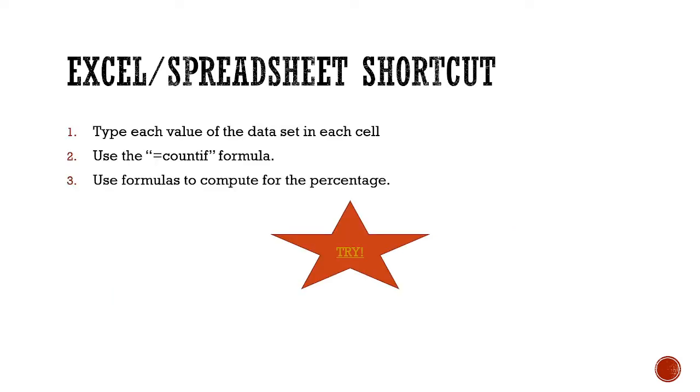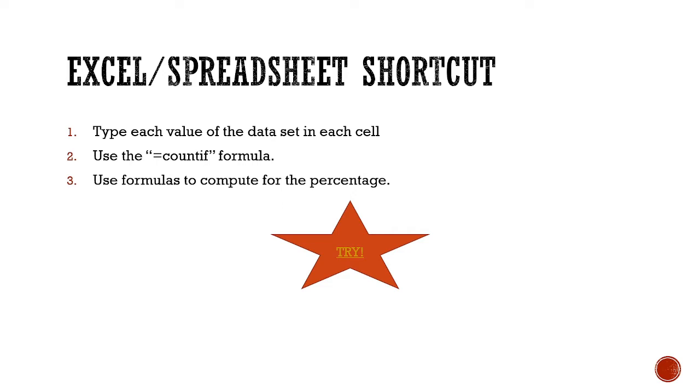So, shortcuts. You can actually use Excel or spreadsheet when doing this. So in that, you can actually type each value of the dataset in Excel. So, yun lang. Medyo matagal nga lang yung pagta-type. Pero kung na-type na ng ibang tao, i-copy-paste na lang.